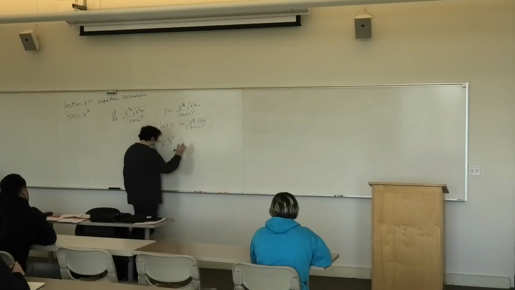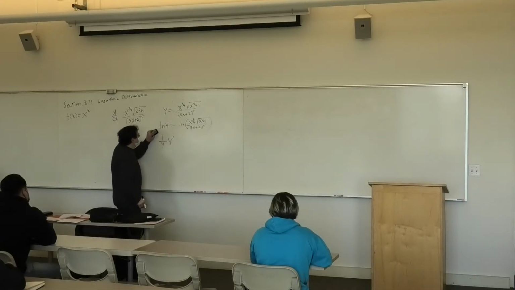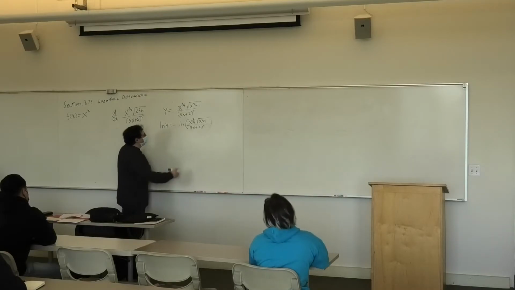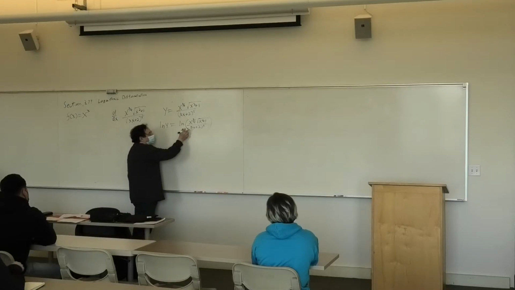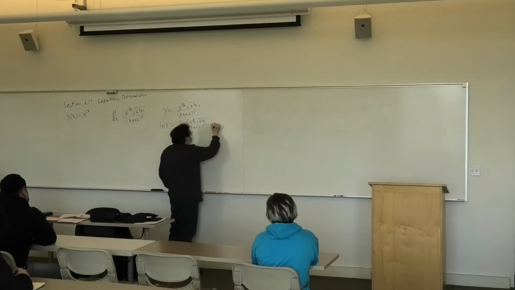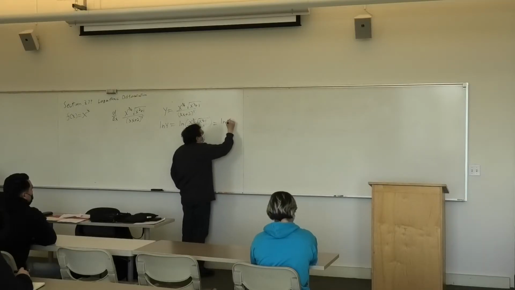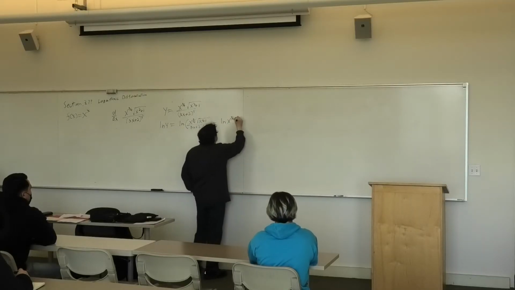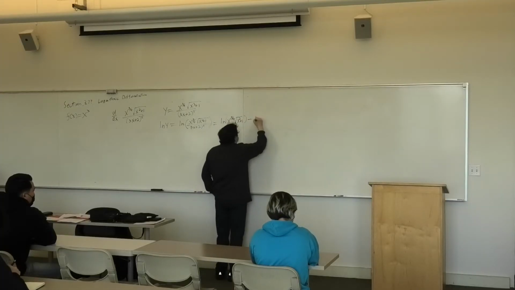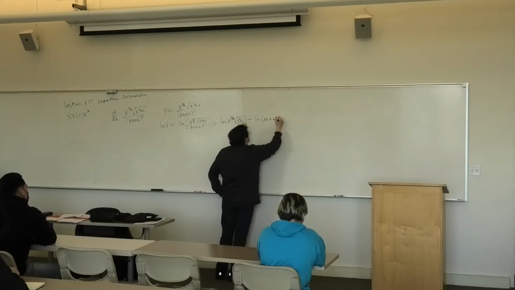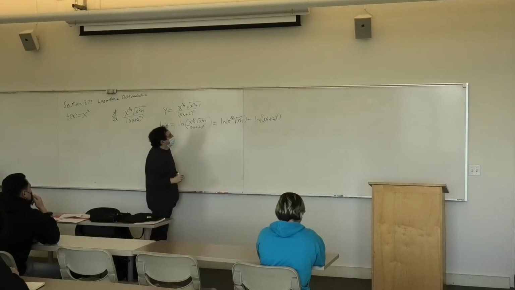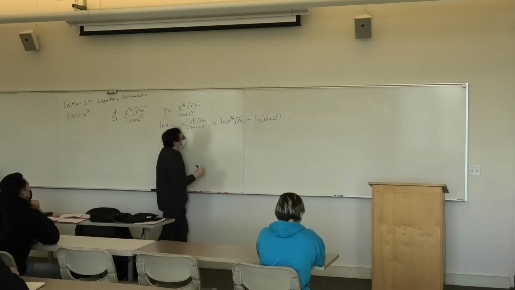Before I go to that step, I want to see if maybe I can simplify this a little using the laws of logs. It's the log of x to the 3/4 times the square root of x squared plus 1, minus the log of 3x plus 2 to the 5th. We'll keep going here.